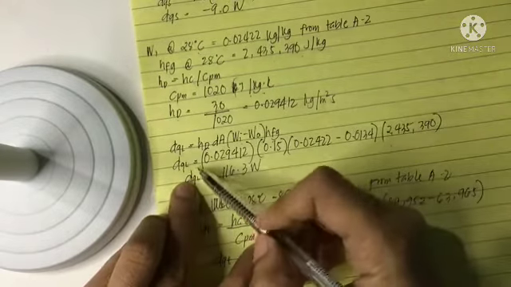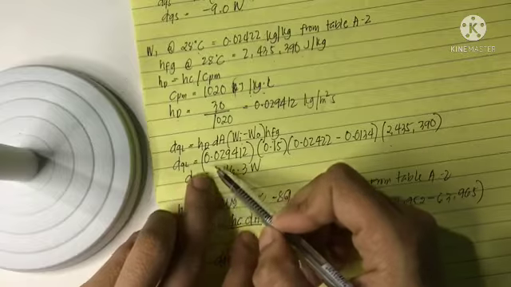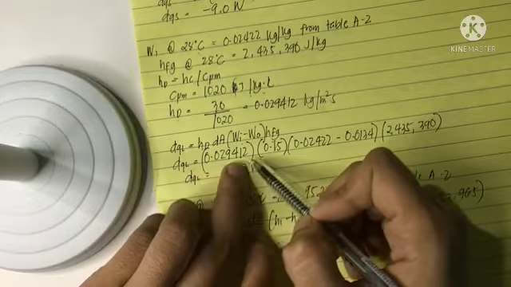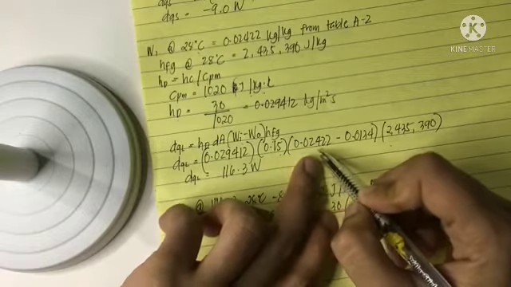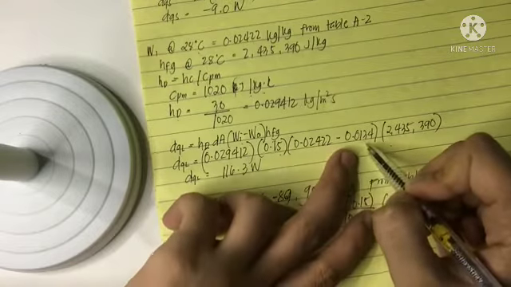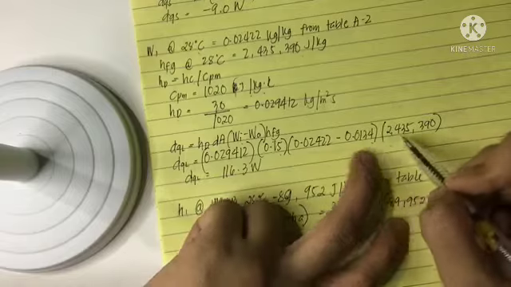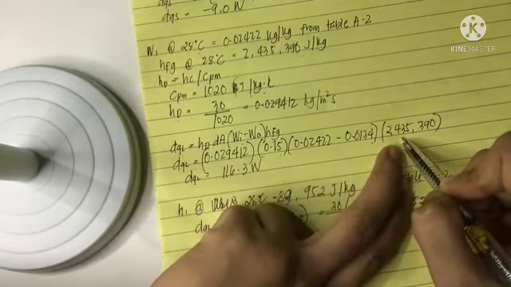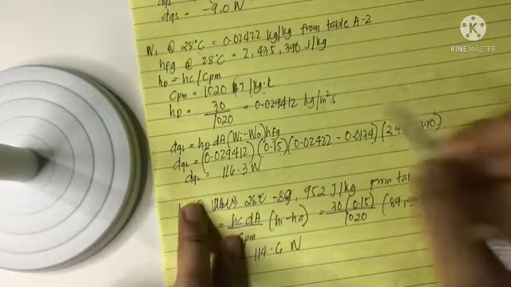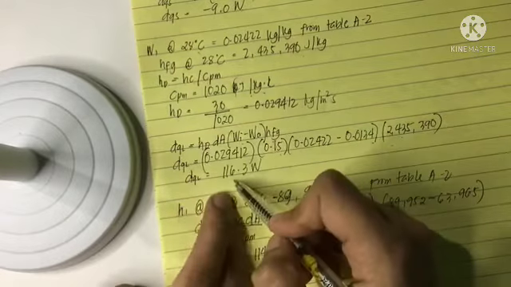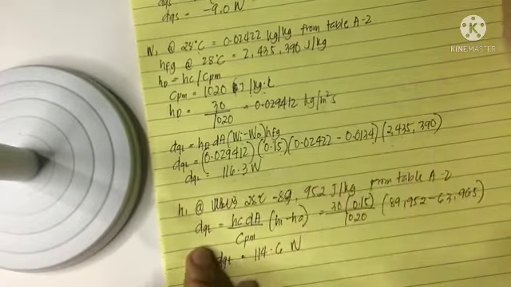The rate of latent heat is equal to 0.029412 times 0.15 times 0.02422 minus 0.0134, times your HFG, which is 2,435,200 joule per kilogram. So, our latent heat is equal to 116.3 watts.